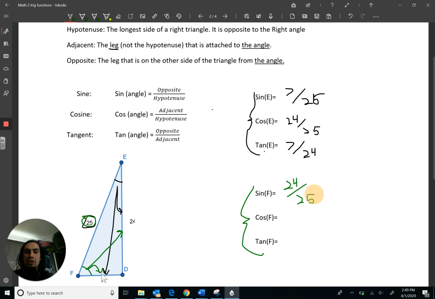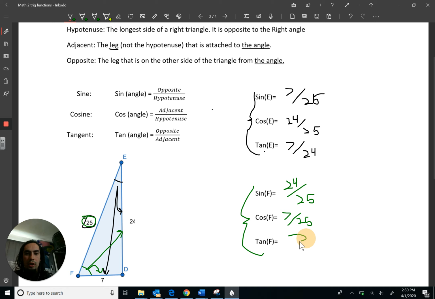For cosine, we're going to do adjacent over hypotenuse, so 7 is going to be here over 25. So I looked at the adjacent side divided by the hypotenuse. And tangent, lastly, opposite over adjacent. So we're going to go opposite divided by adjacent.